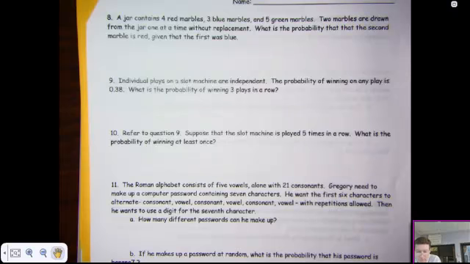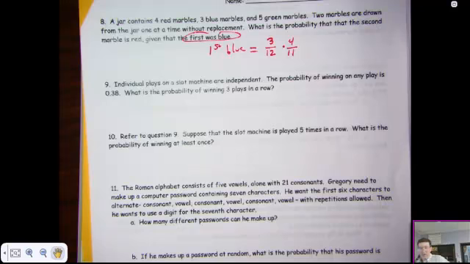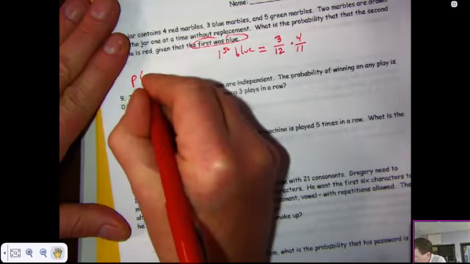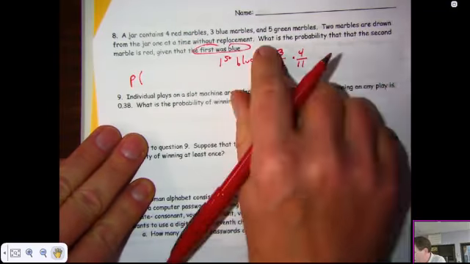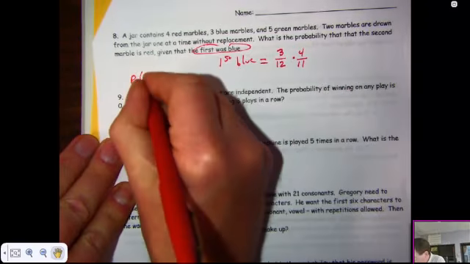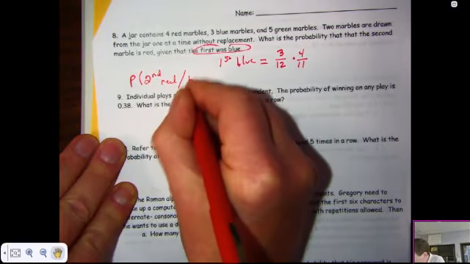So that means there are 2 blues left. Now, how should we handle this one? This is really another conditional one. We want the probability that the second is red, given that the first is blue.